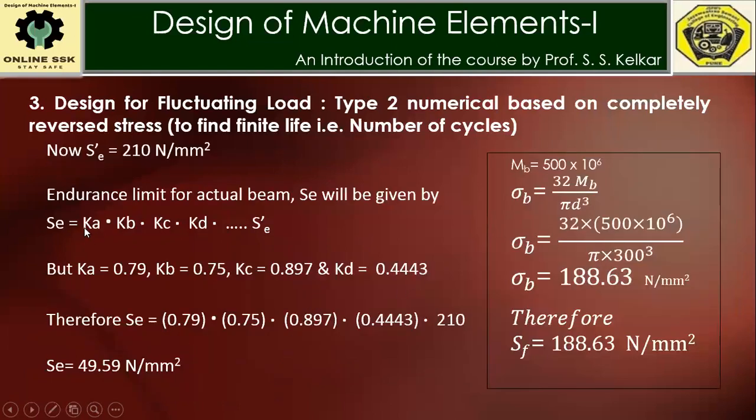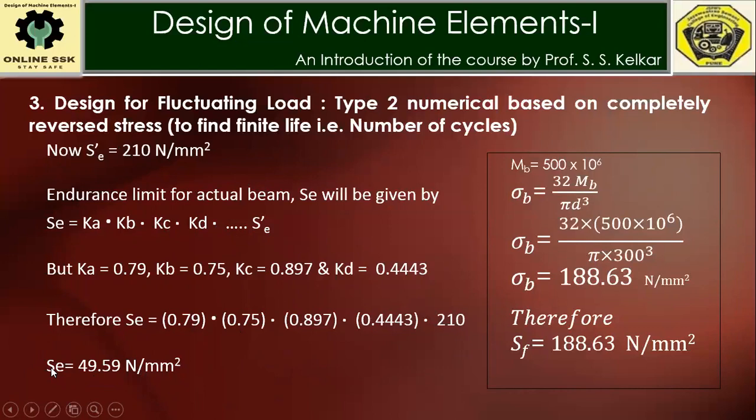So putting values of Ka, Kb, Kc, Kd in this formula, Se is equal to Ka multiplied by Kb multiplied by Kc multiplied by Kd multiplied by Se dash. Se dash is 210. So Se, the endurance limit for the shaft, is equal to 49.59 Newton per millimeter square.